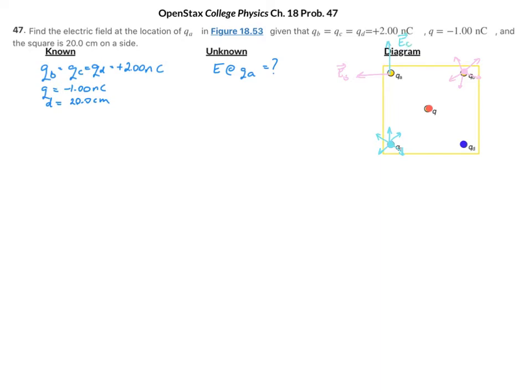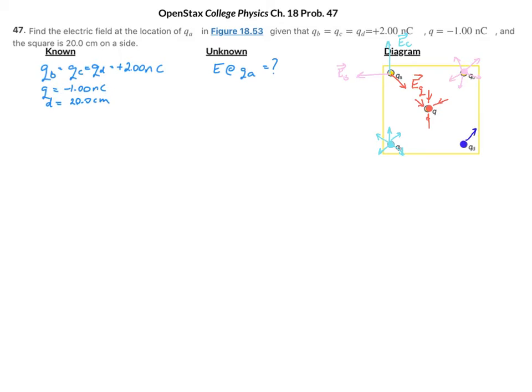Then charge Q is a negative charge, so that means that the electric field lines go towards charge Q, like this. So at the location of A, the electric field due to charge Q is going to be in this direction, and I'm going to just call this E sub Q. And then the last one is Q sub D. It's a positive charge.